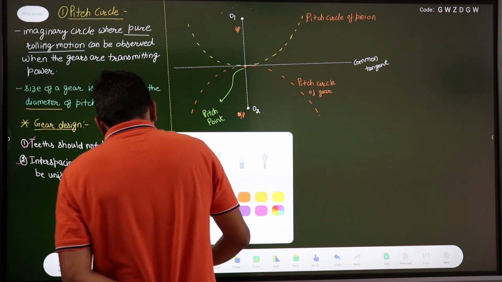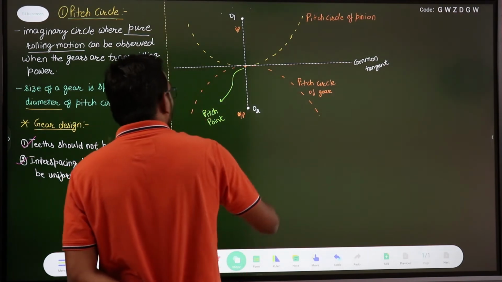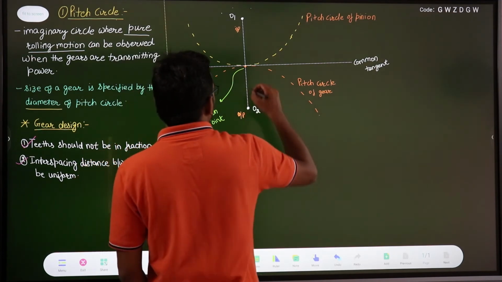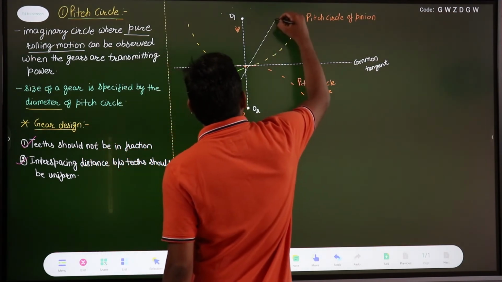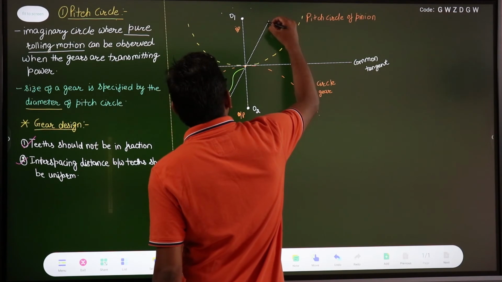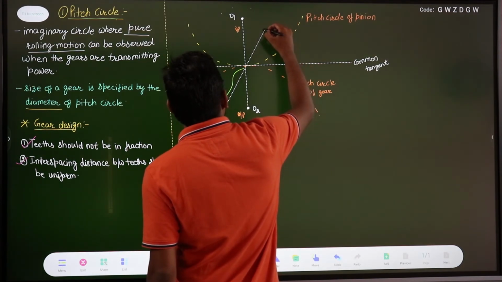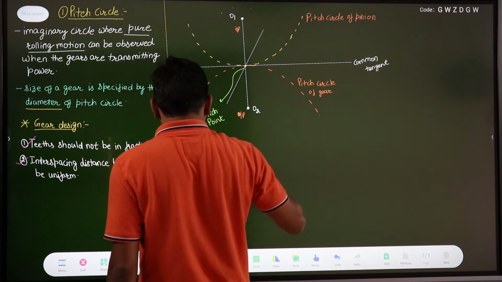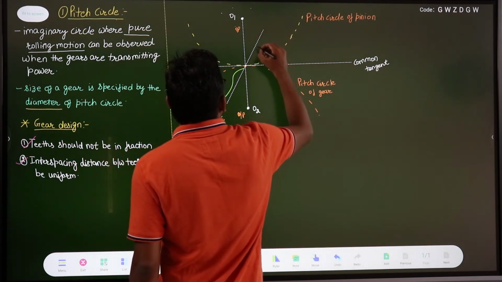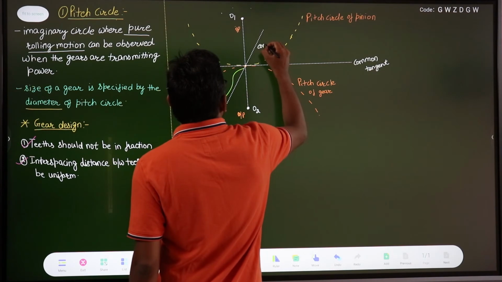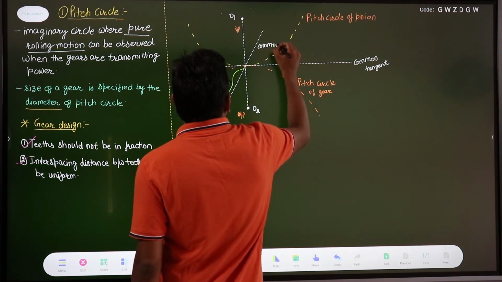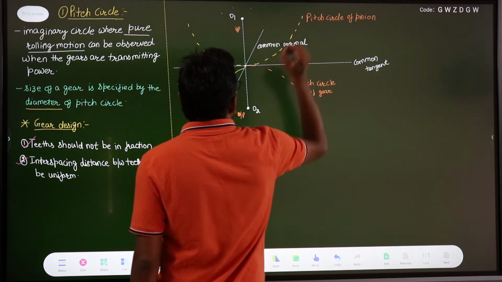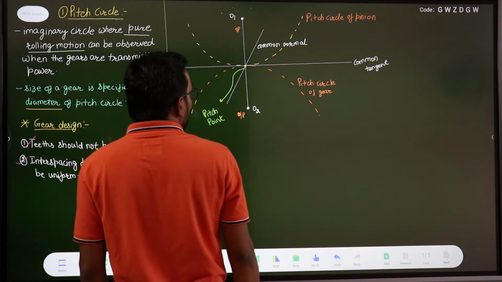And if I draw a common normal to both of these gears which is passing through this pitch point, let us say this is the common normal. Just pay attention here. This is your common normal.